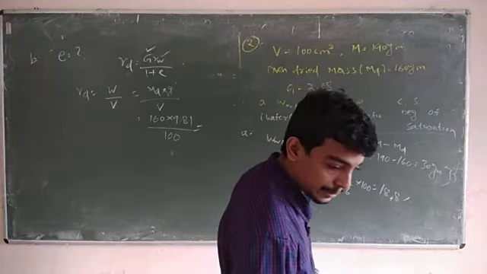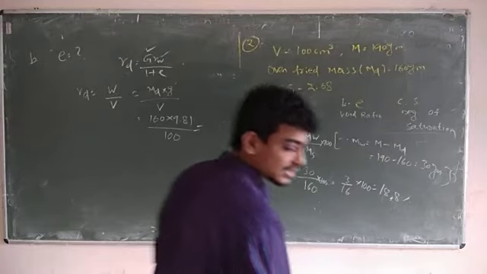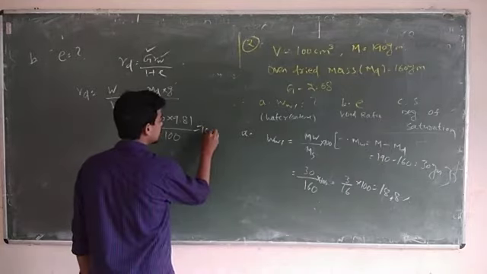Okay, so it will come 160 by 100 into 9.81, that is 15.69 kilonewton per meter cube.